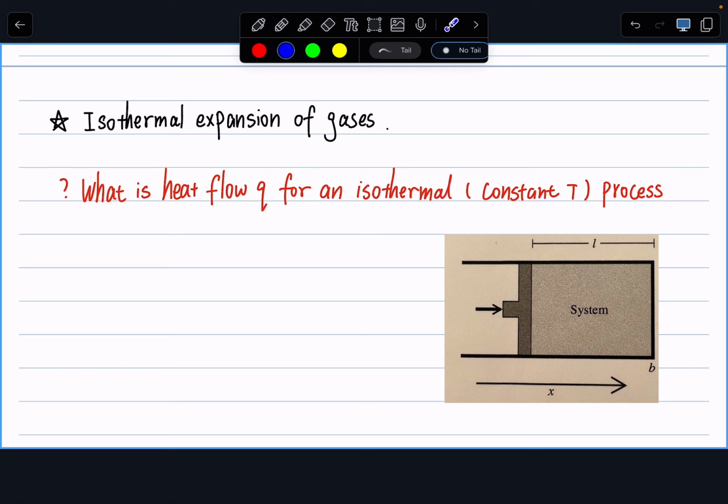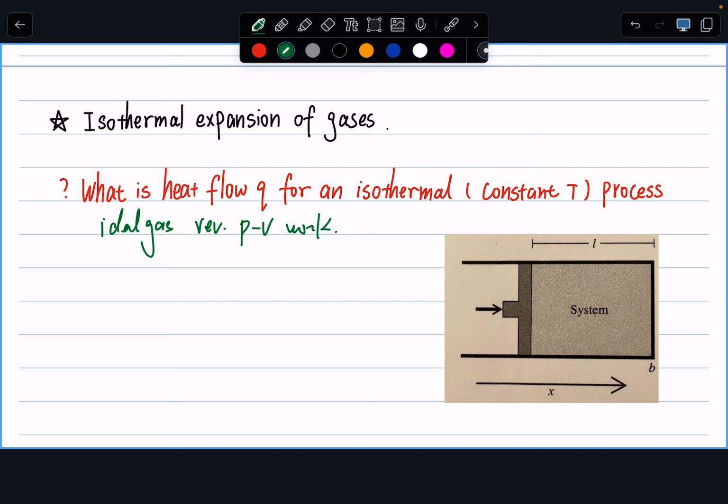Note that we cannot use this equation because no heat capacity is defined for an isothermal process. But no heat capacity being defined doesn't mean your heat transfer is 0. All right, so I'm going to leave here as a question: can you write out an expression of heat flow for an isothermal process involving ideal gas and reversible PV work only?